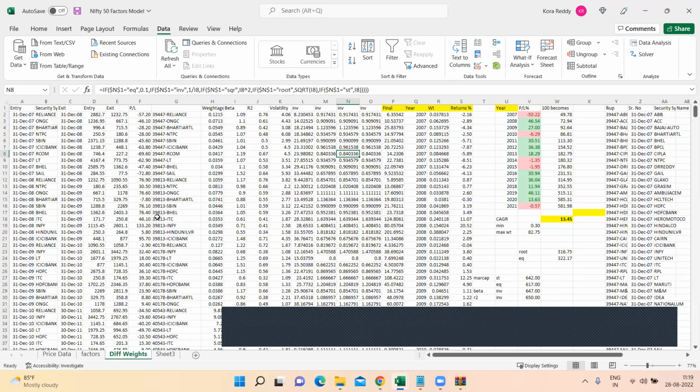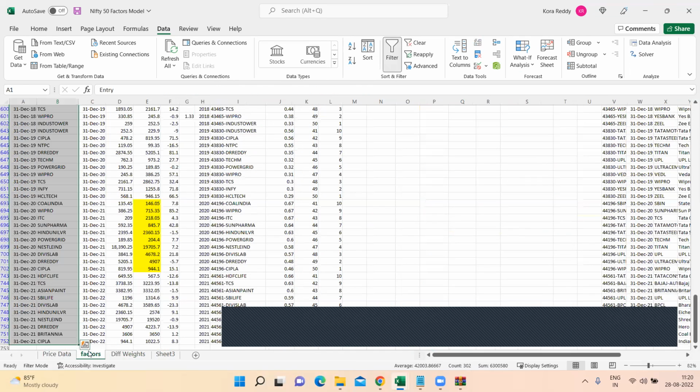What I'm trying to do now is experiment with various other weightage mechanisms apart from equal weight. What we are taking here is we will just take the top 10 market cap companies.